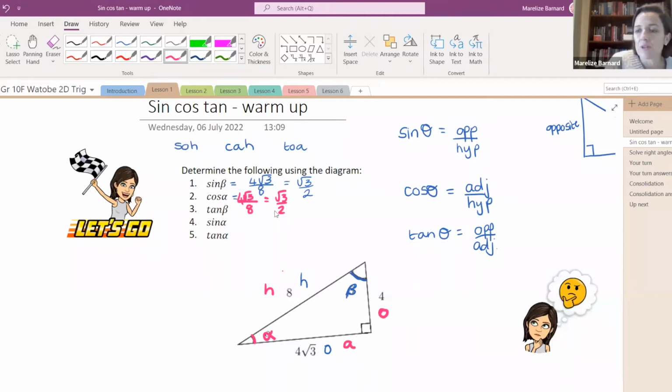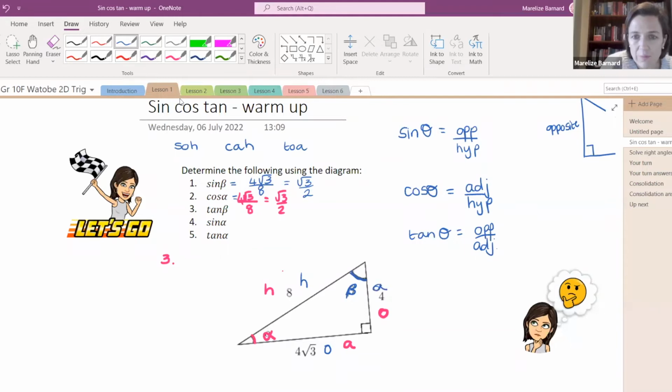Okay, right. Guys, please hold questions for the next few minutes. We just need to get through this exercise. So let's go to question 3. Question 3 is tan of beta. Tan is going to be opposite over adjacent. So we look at the blue, the opposite over adjacent.